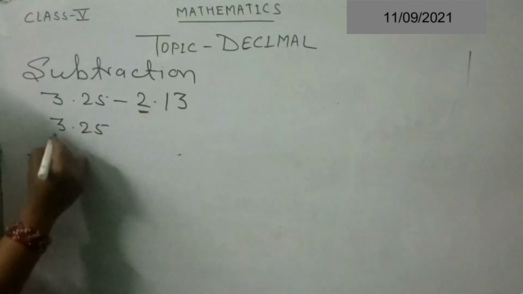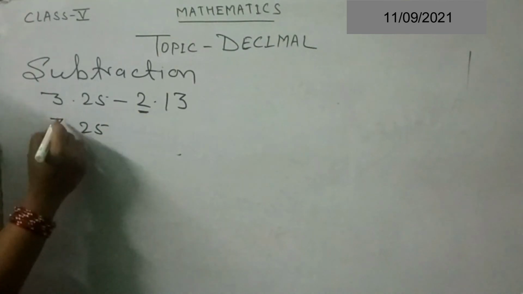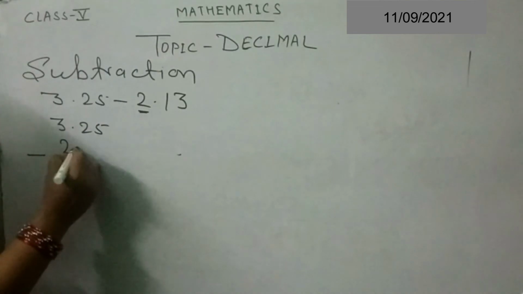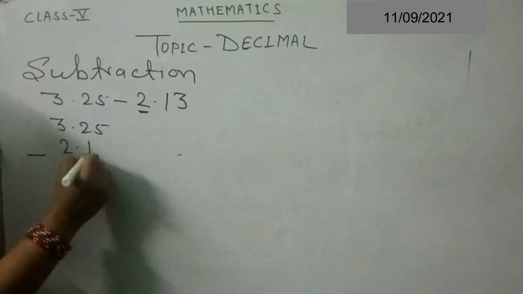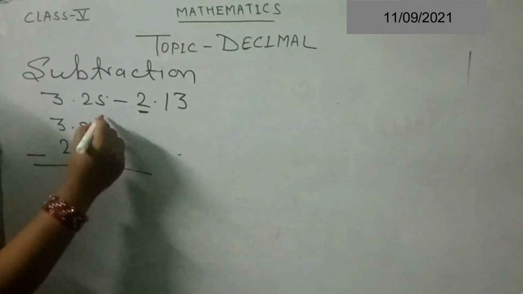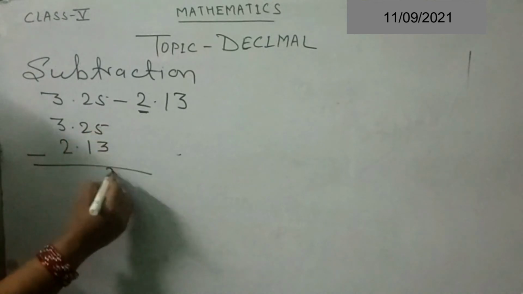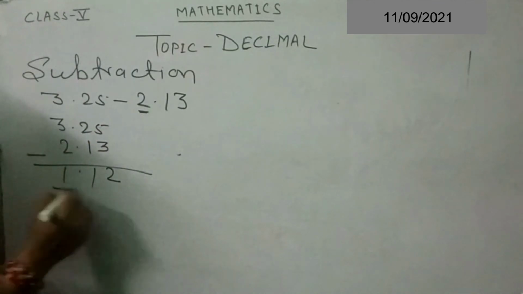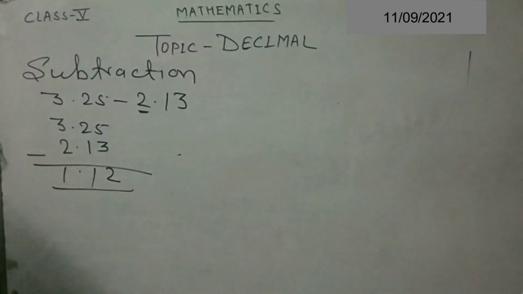This number is 1, so in the ones place you write 2. Point is written, so you write the point. After the point what is written? 1, 3. And after then you have to do the subtraction. 5 minus 3 is 2, and 2 minus 1 is 1, and 3 minus 2 is 1. 1.12. So addition and subtraction you have to do the same way.